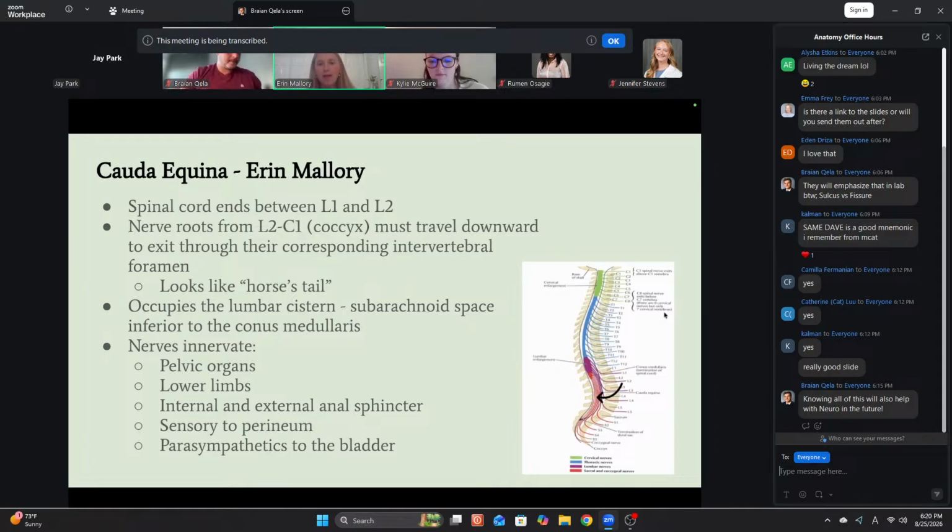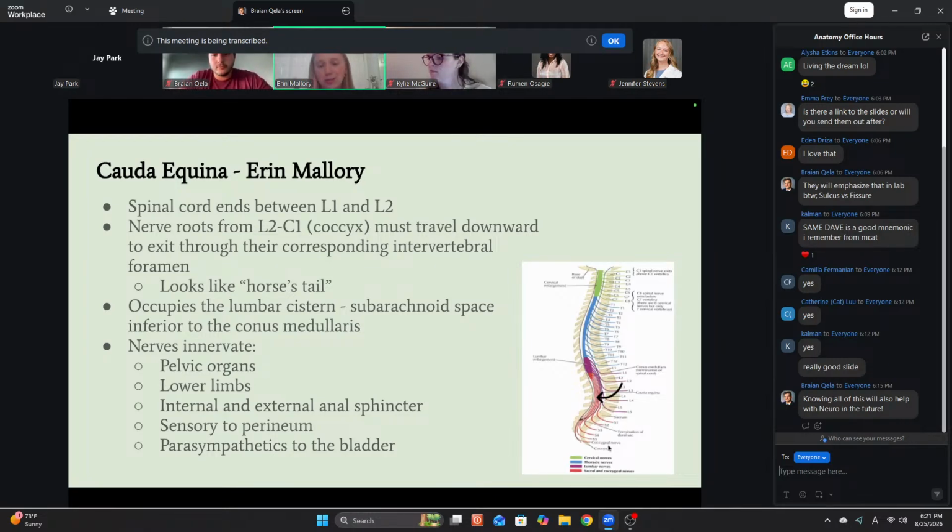However, we have nerve roots coming off our spinal cord that have to exit through their respective intervertebral foramen lower down. So even though our spinal cord's ending at L1, L2, we still have all these spinal nerves that have to come out and exit. And you can see them all coming down and out later on. And this group of nerve roots is called our cauda equina.